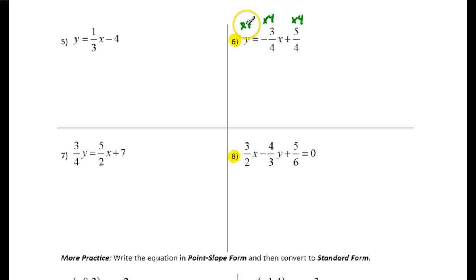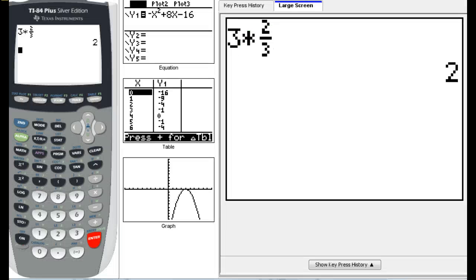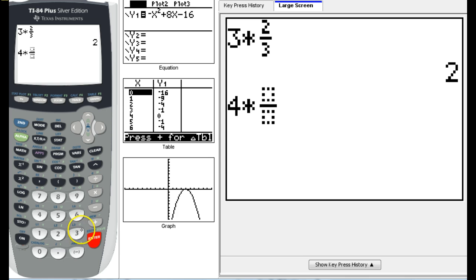Okay? So 4 times y is 4y equals. Now, remember, it's just going to cancel the bottom number automatically. But once again, you can always use the calculator. So if I do 4 times a negative 3/4, get your fraction, negative 3 on the top, and then 4 on the bottom. Look what it's going to equal here.